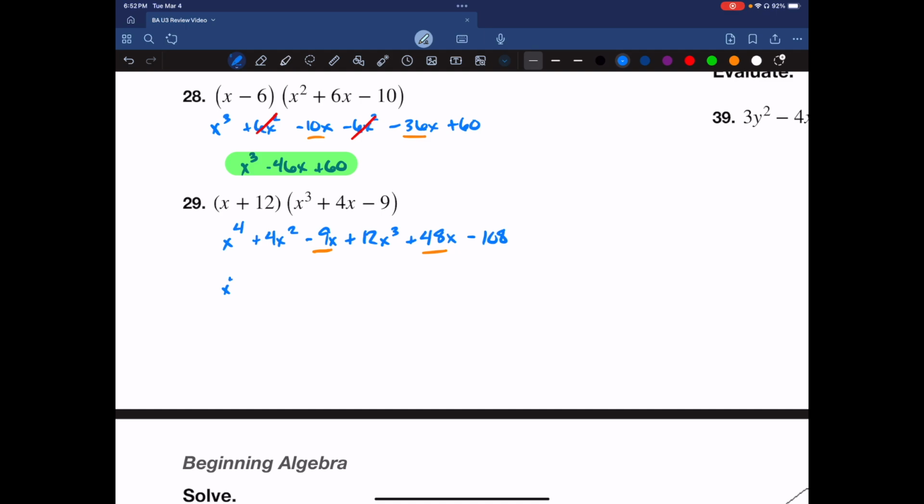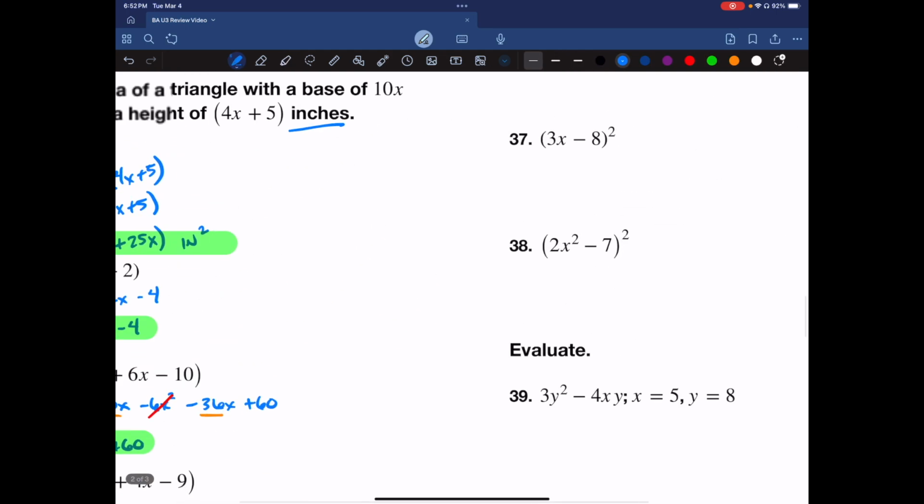So x to the fourth plus 12x cubed plus 4x squared. It's going to be 48 minus 9, which is 39, so plus 39x minus 108.